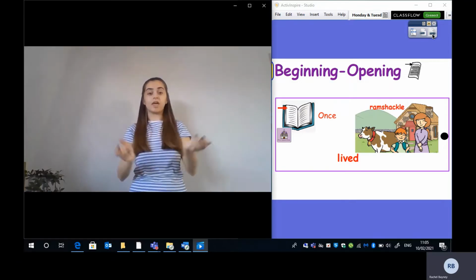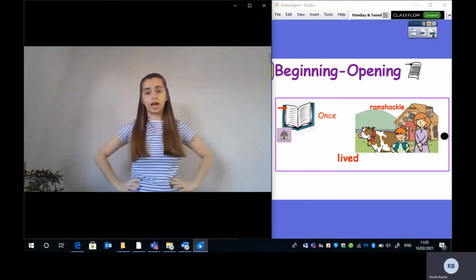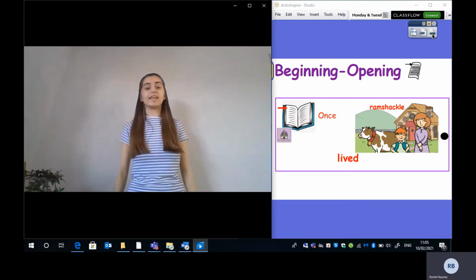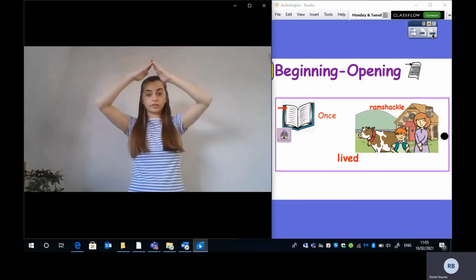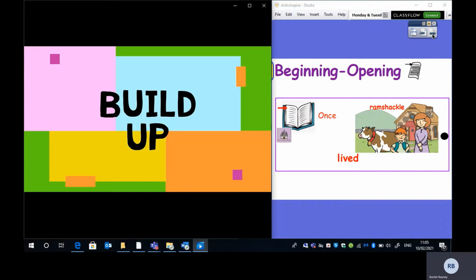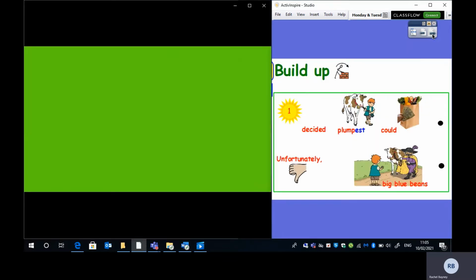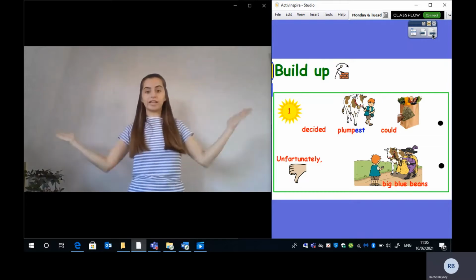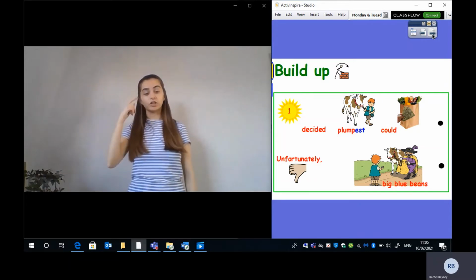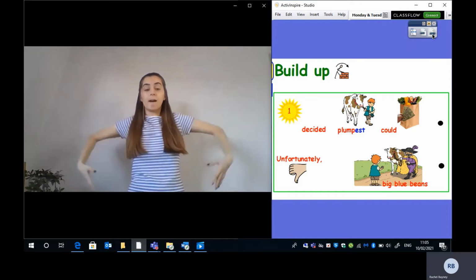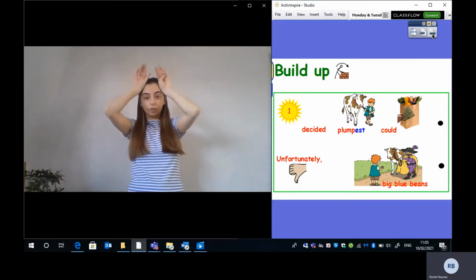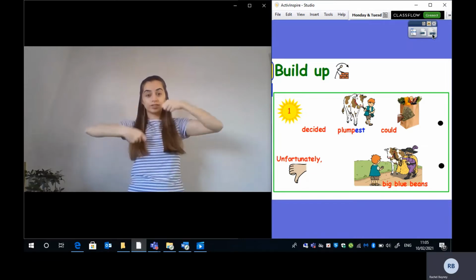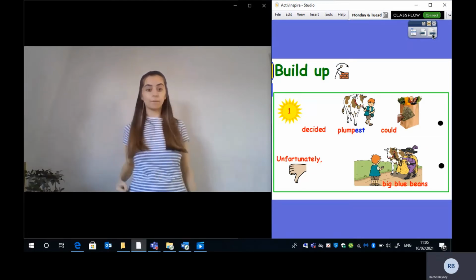Once upon a time, there was a poor boy called Jack who lived with his mum in a ramshackle house. Full stop. One morning, they decided to sell their plumpest cow so they could have money for food. Full stop.